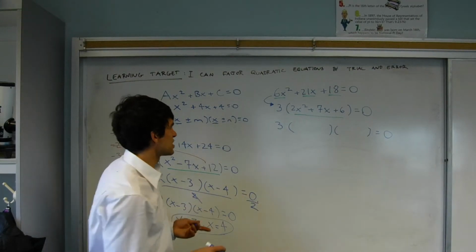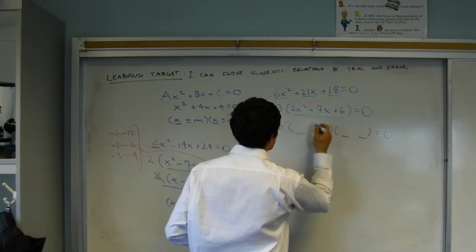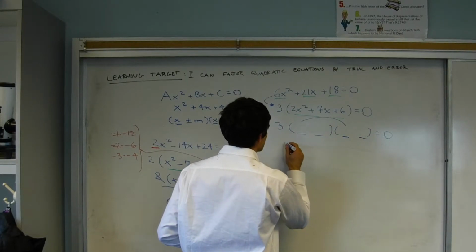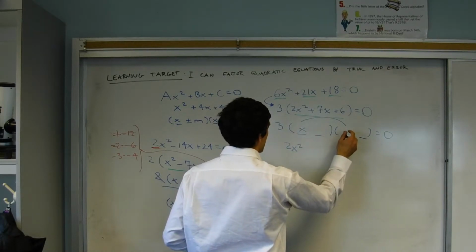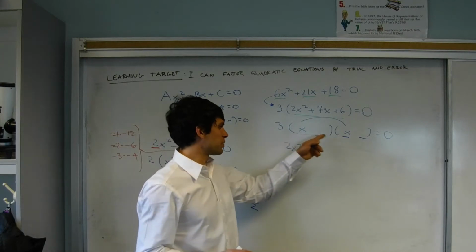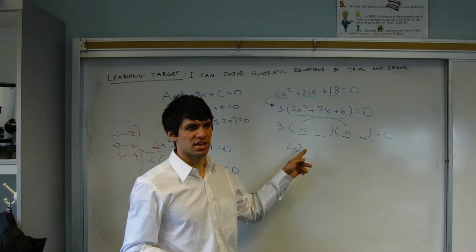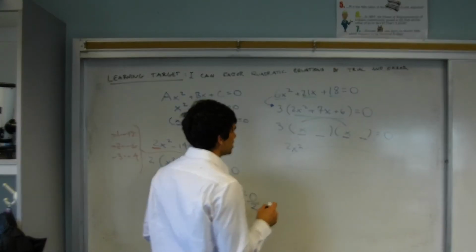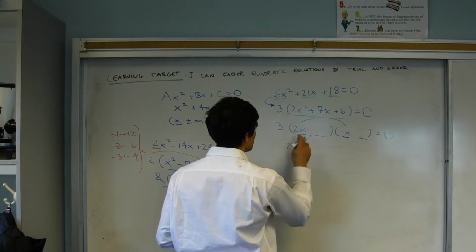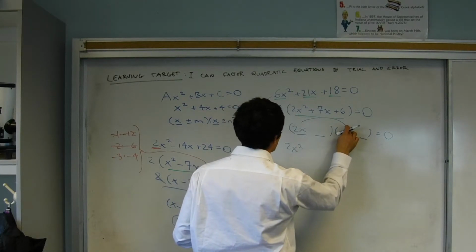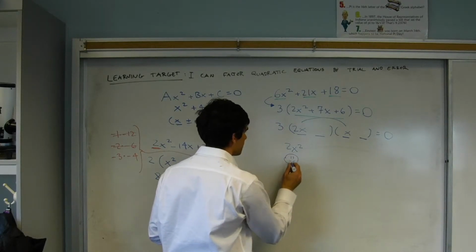Because in this case, we need the first terms to multiply to 2x squared. If we put an x and an x in there, we're not going to get a 2x squared, we're just going to get a single x squared. So one of these is going to have to equal 2x, because now 2x times x is equal to 2x squared, which makes us happy.